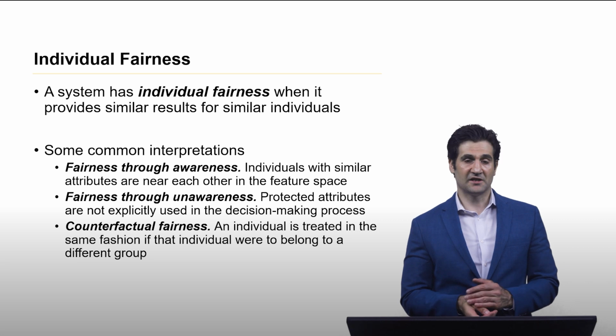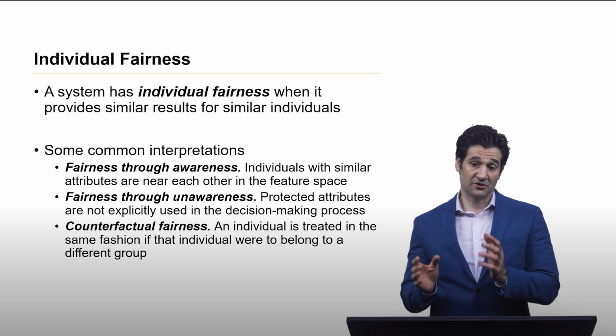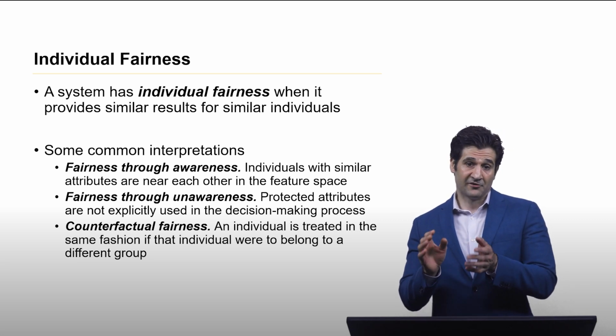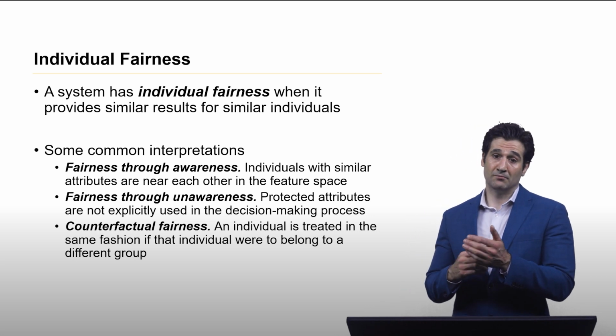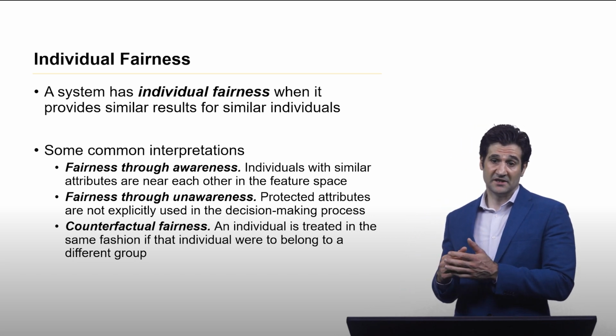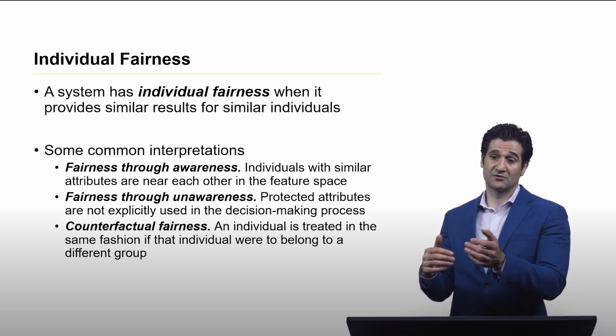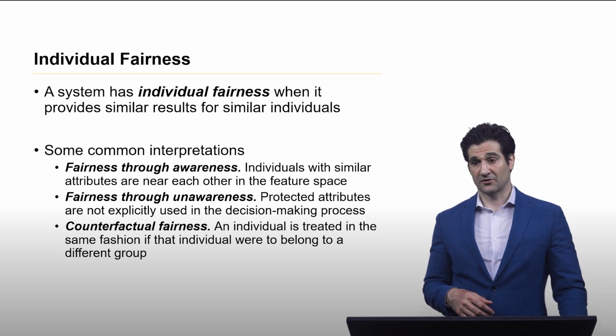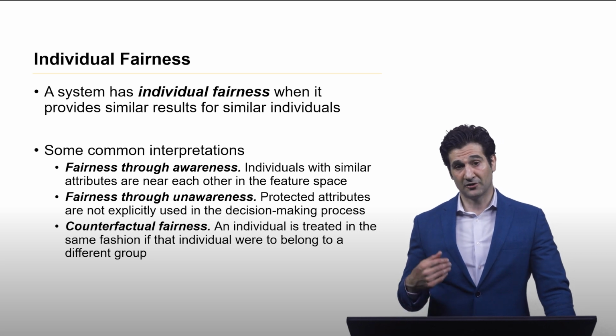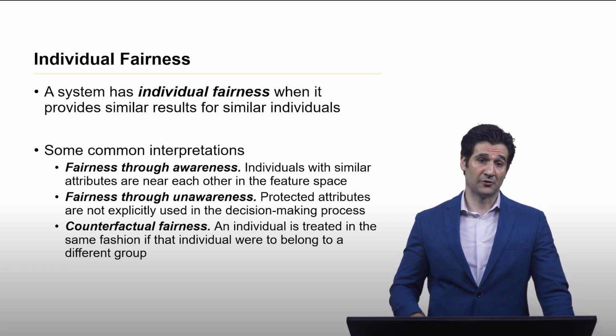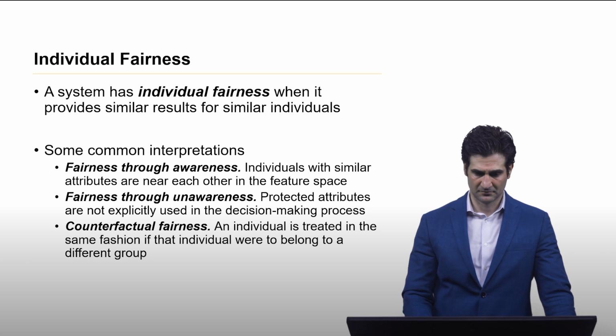And so the idea here is you could actually look at the feature vector for an individual and then modify it as needed so that the demographic information is driving them to be in a different group, and then the machine learning model should provide similar results.